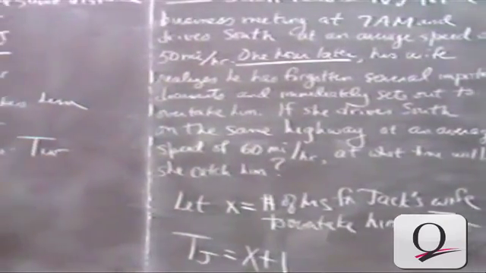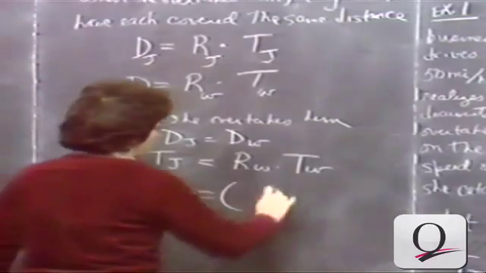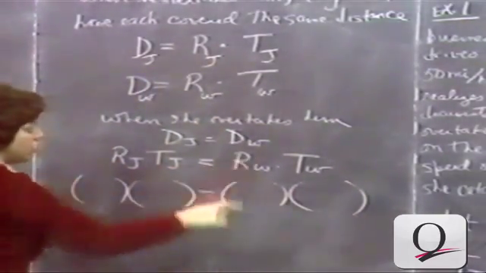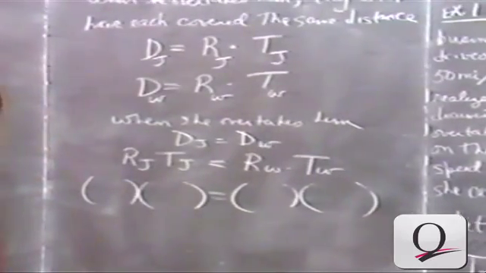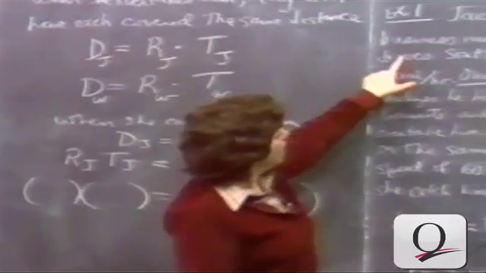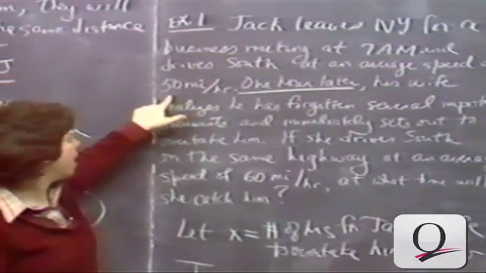Okay, let's go back over here. We're going to substitute for rj, tj, rw, tw, and we'll solve for x. Now rj, the rate that Jack is traveling at. Jack leaves New York. He drives south at an average speed of 50 miles per hour.